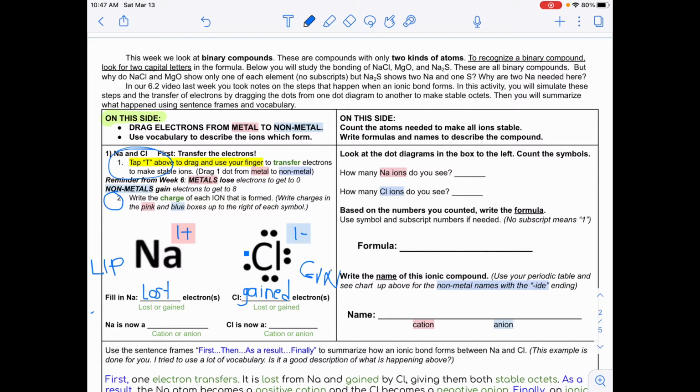And Na is now a cation or anion. Well, it's positive, and paws sound like cat's hands, right? Positive. So cations are positive. Now Cl became a negative ion, an anion.